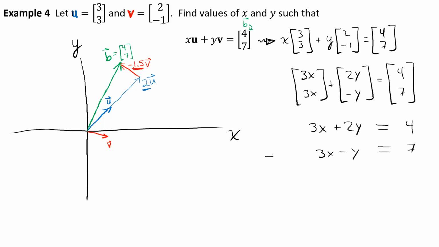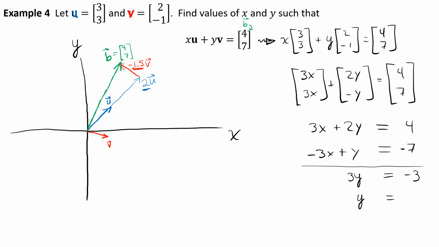I'm going to multiply the second equation by -1 so that I can eliminate the x's. So this is -3x plus y equals -7. Then I can add these two equations. The 3x plus -3x cancels, leaving me with 2y plus y equals 3y. And on the right-hand side, I simply have -3.